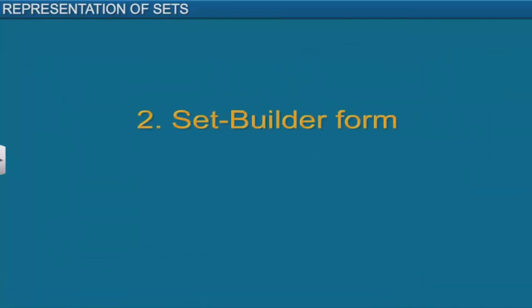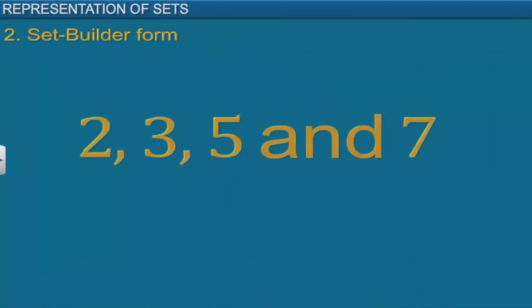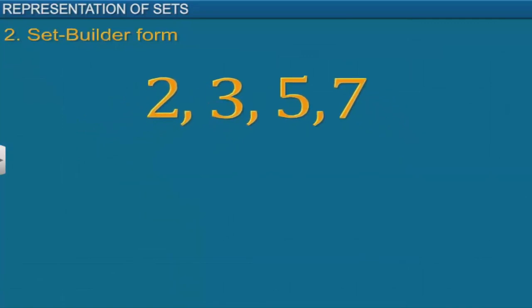Let's use the same example that we have seen previously. We have a set of numbers 2, 3, 5, and 7. In this set, every element is considered equal to a variable x. Now we start writing the set in the set builder form.